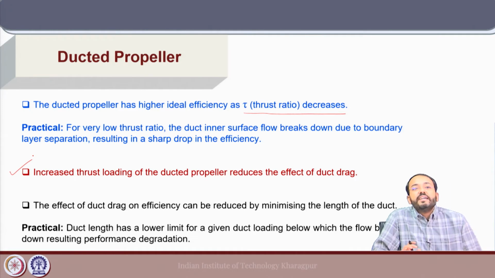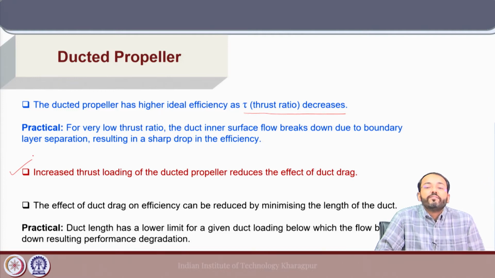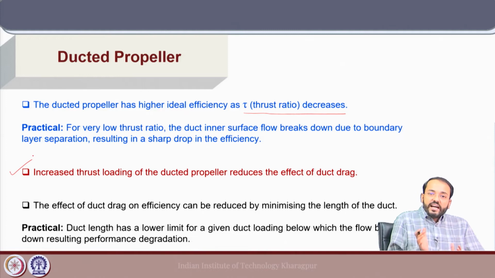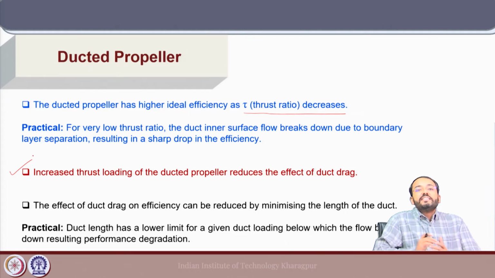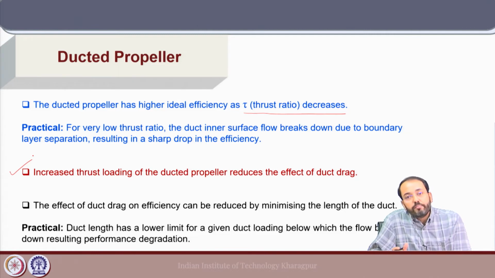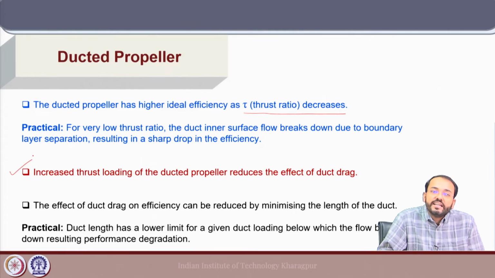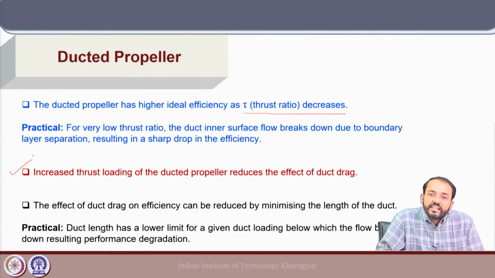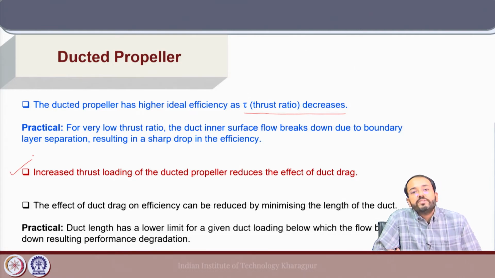Next, the effect of duct drag on efficiency can be reduced by minimizing the length of the duct. Why? Because the surface area on which we calculate the drag force is given by pi into diameter of the propeller into L, where L is the length of the duct. So, if the length of the duct is minimized, that will reduce the duct drag.